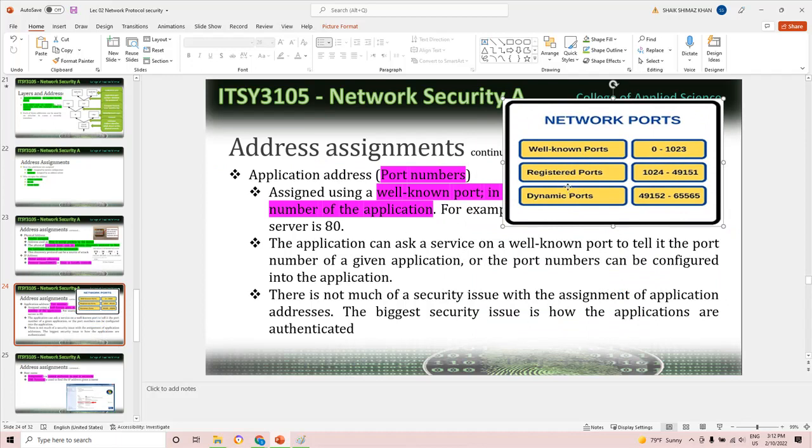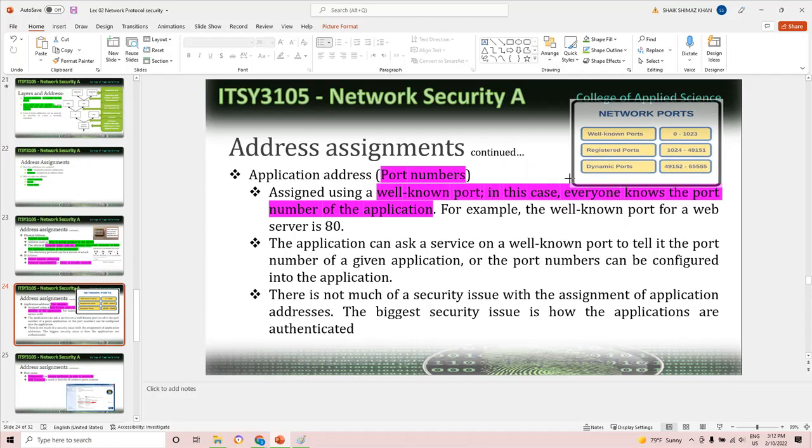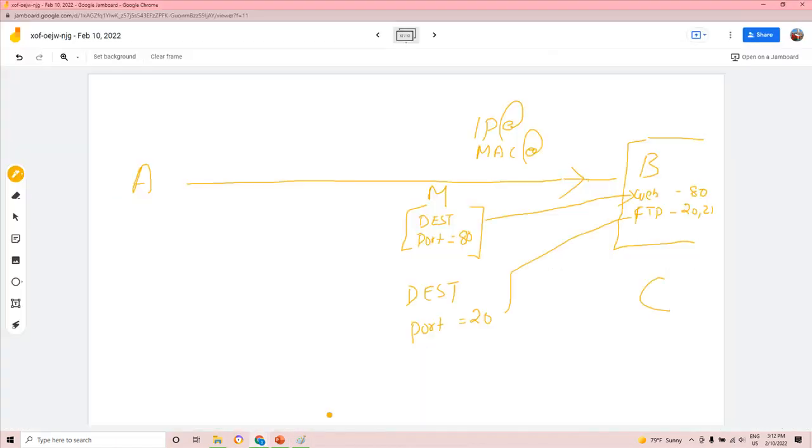So basically it is used to identify the application in a system.